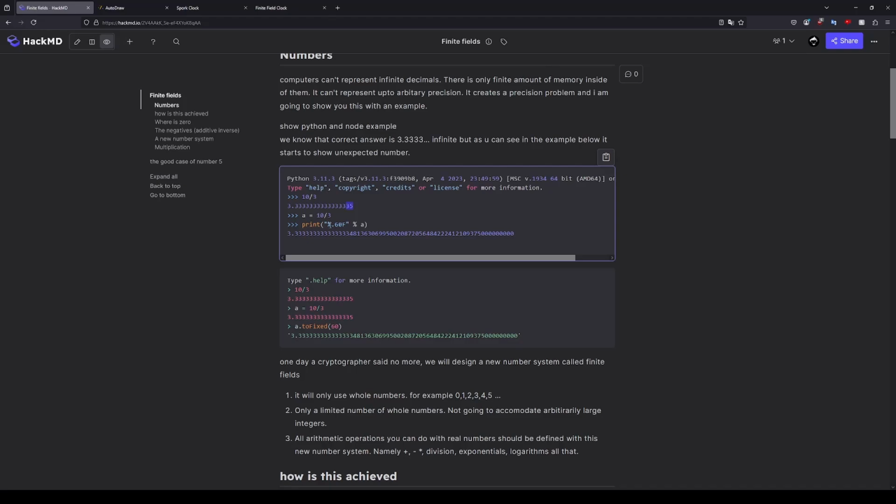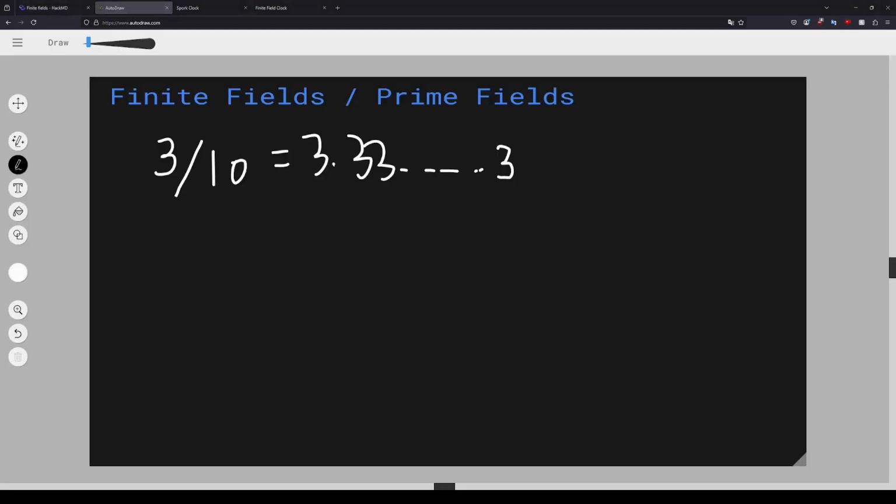So for example, in Python here, if you go to 60 decimals, you see it starts to give out errors, like it's not 3333 anymore. And in cryptography, we need precision. So that's why we need to describe finite fields, and we will talk about how to construct one.